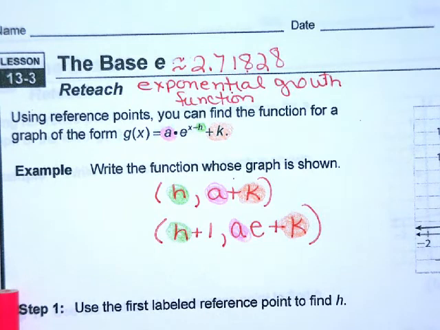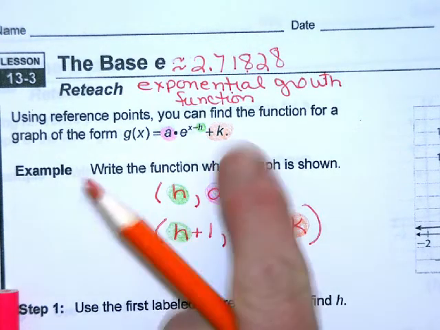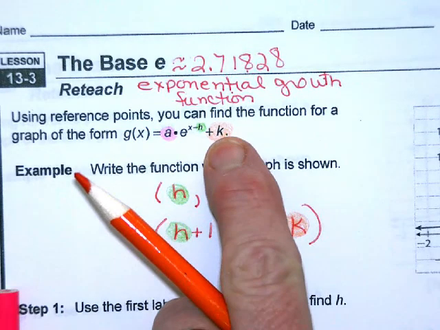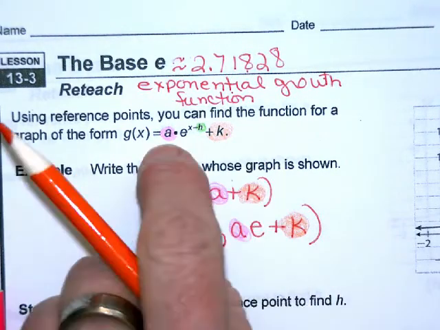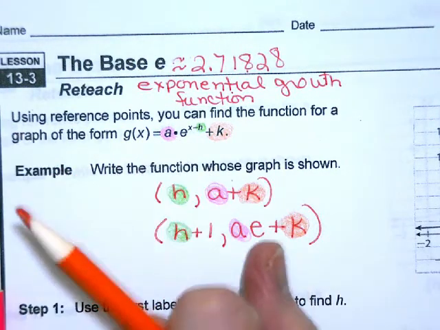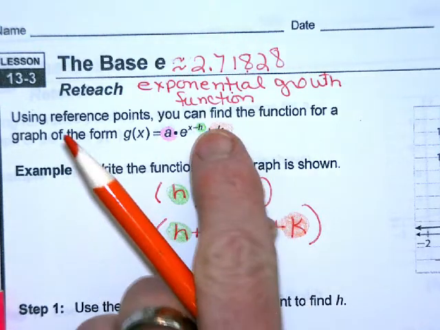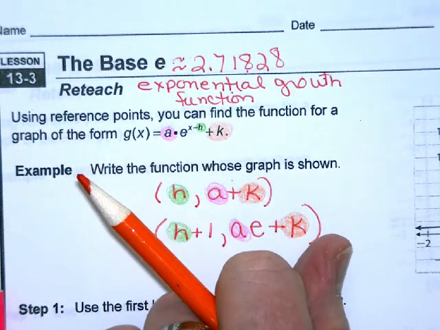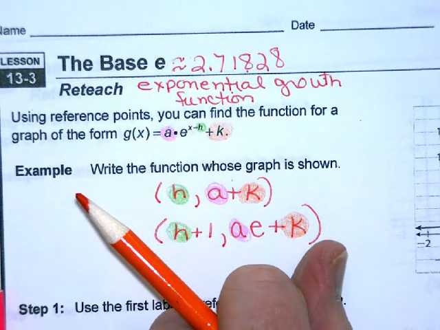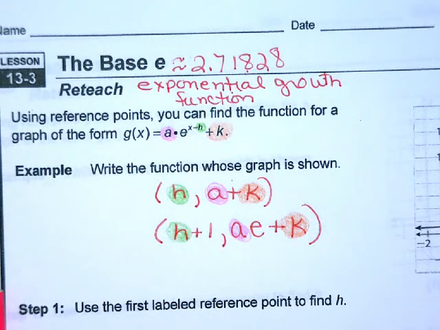If it hasn't been changed, then k is 0. You remember that. If a is invisible, a would be 1. And if you don't see h, h would be 0 as well. So that's the game we're going to play.